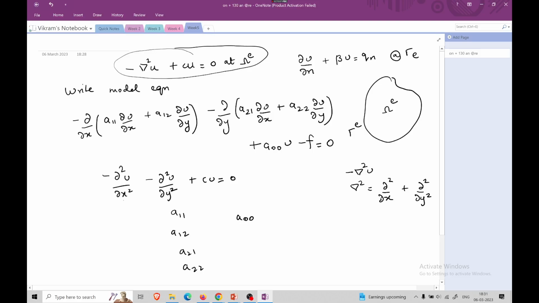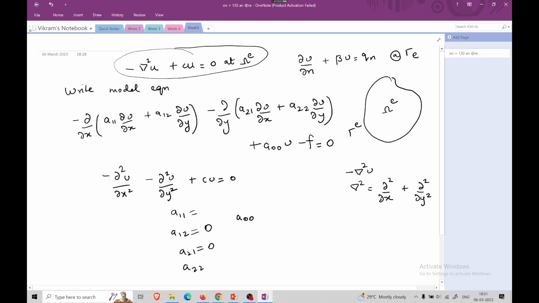So for that to happen, what should the values of a12 and a21 be? Can you guess? Zero. Yes, both should be 0, because we do not have any dou x dou y term, we have only dou x square and dou y square, and at the same time we do not have any constant, so it's just a simple u.